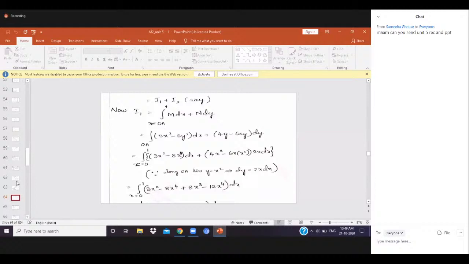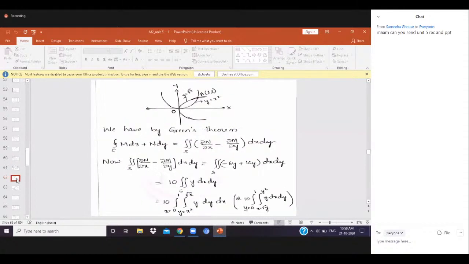Here we have to take the anti-clockwise direction. Anti-clockwise direction from O to A means the lower curve first, then the upper curve.